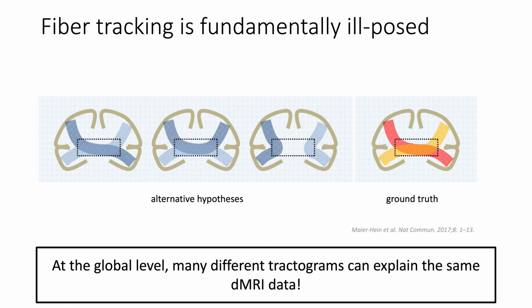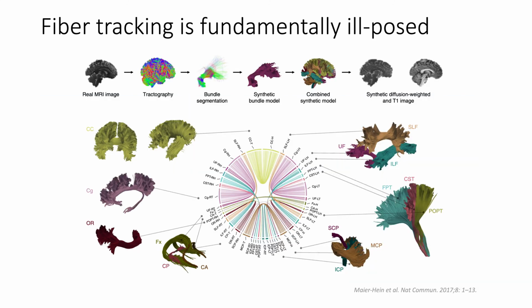So here we have 4 different bundle configurations, which will almost be impossible to distinguish from each other using fiber tracking. The ramifications of this have been clearly demonstrated in the 2015 ISMRM Tractography Challenge.